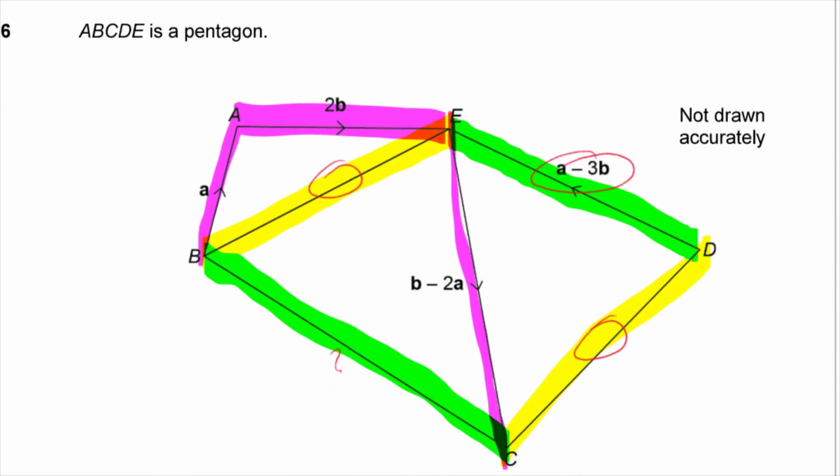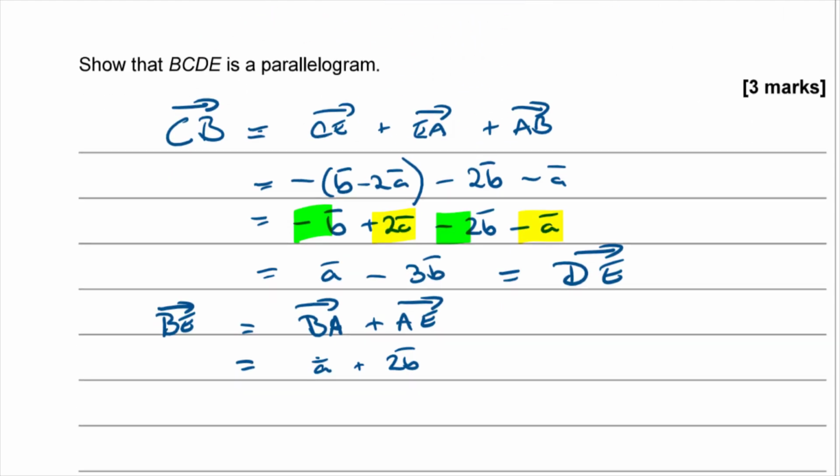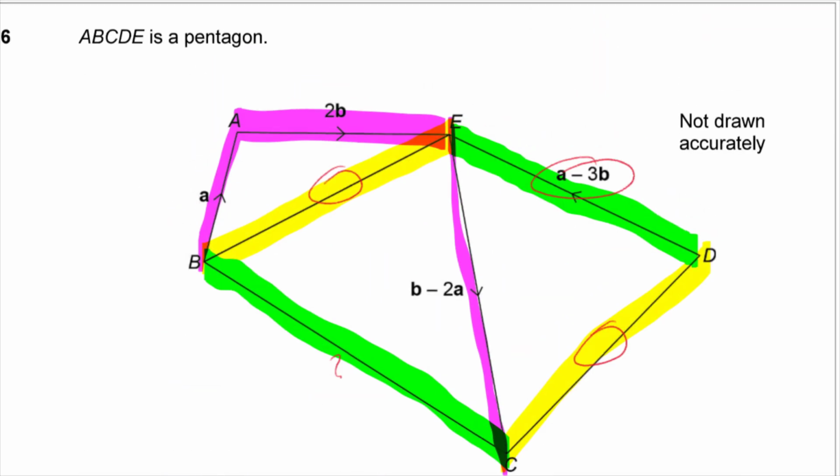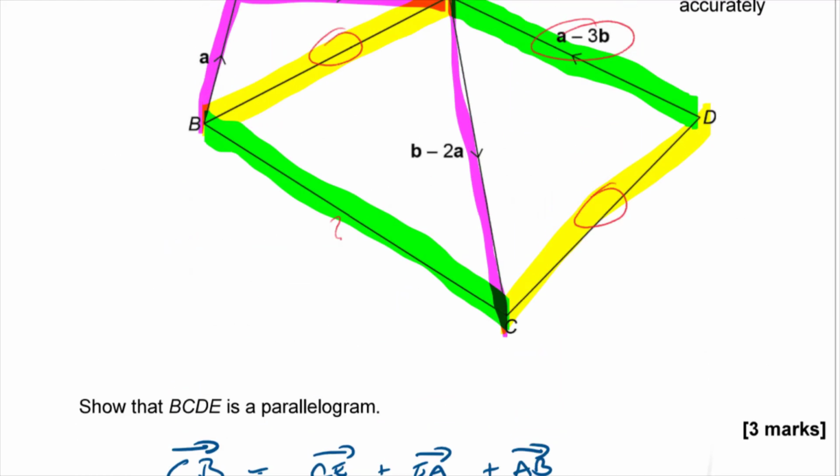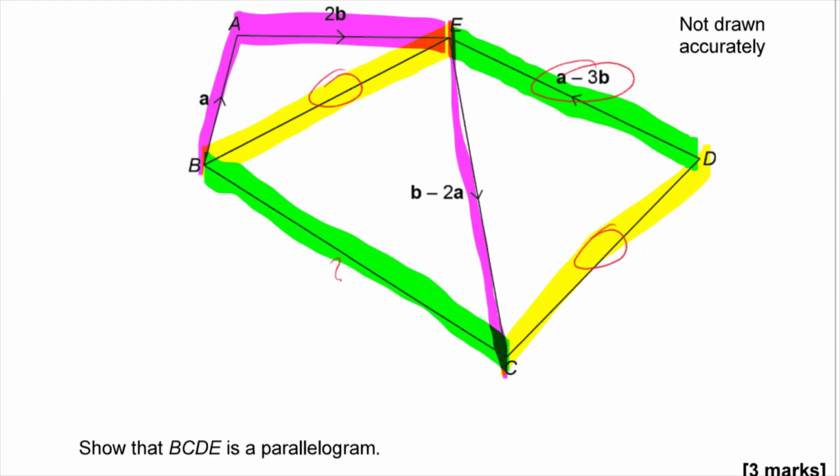And we need to compare that with the other yellow one, C to D. What's C to D? Now C to D, I can get along that purple line and then down the green one. So from C to E and then from E to D. So C to E is B minus 2A.